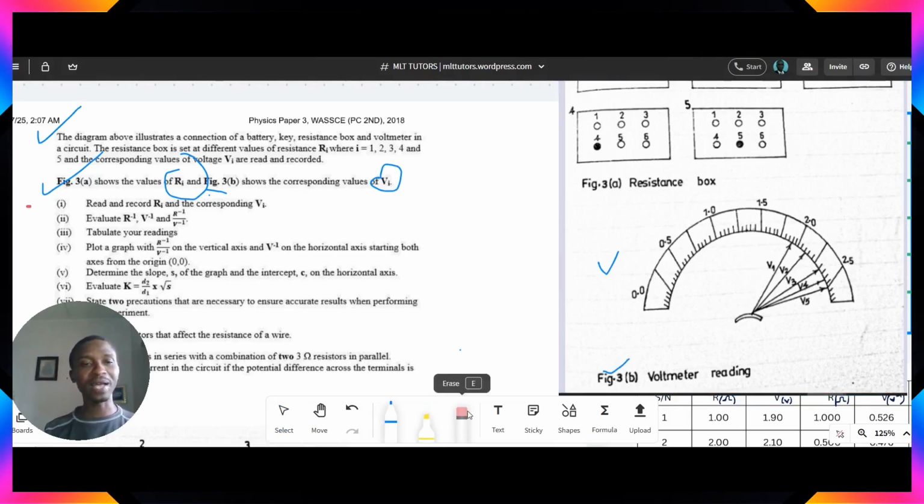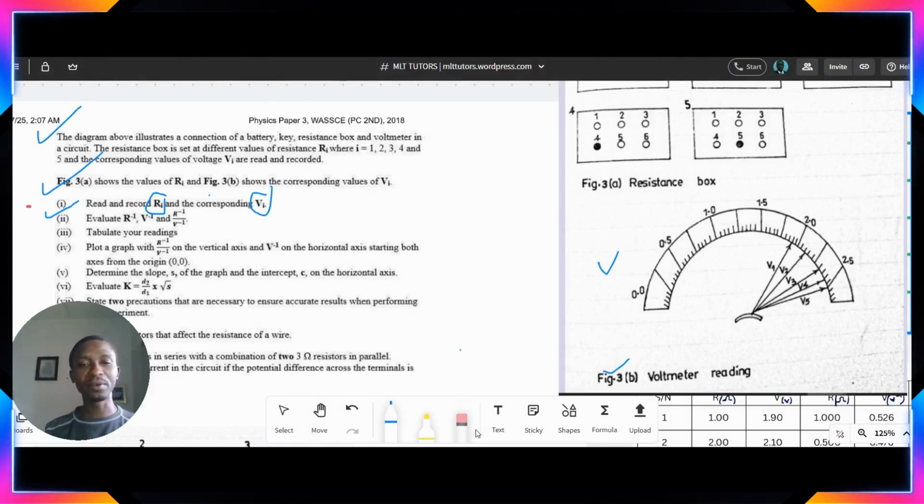The next task is to start the question. In the first task, from our figure 1, we read and record Ri and the corresponding values of Vi. The moment the external exam tells you to read and record, you must know that it is going into your table.